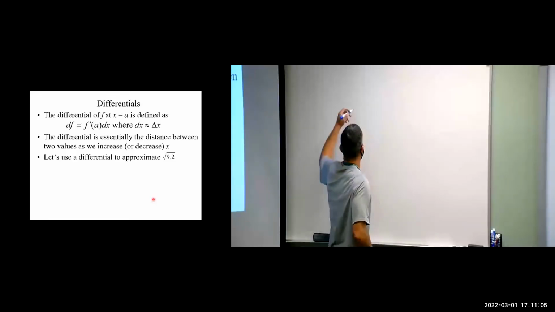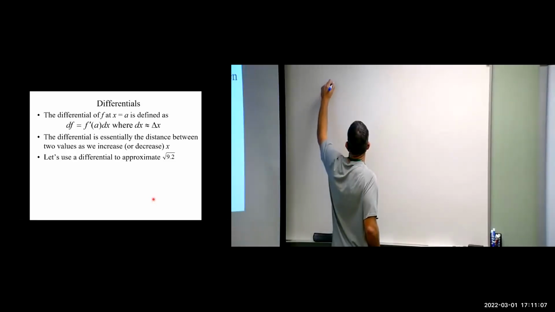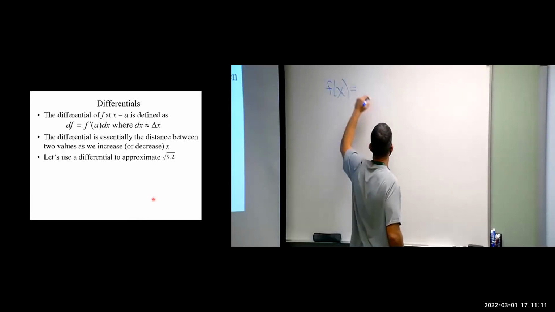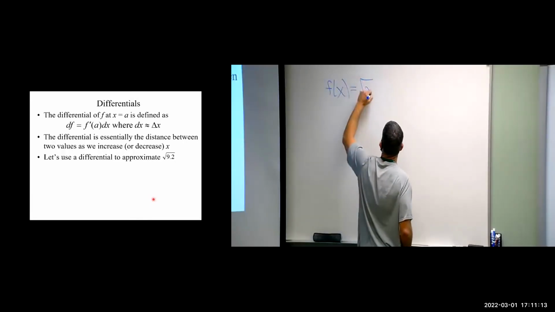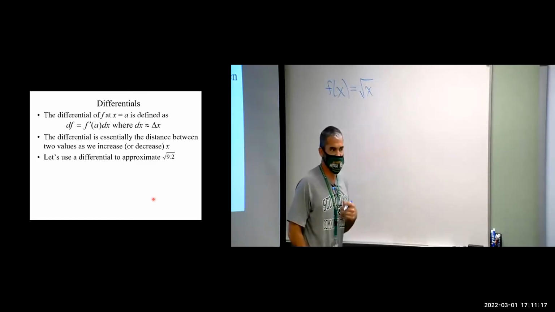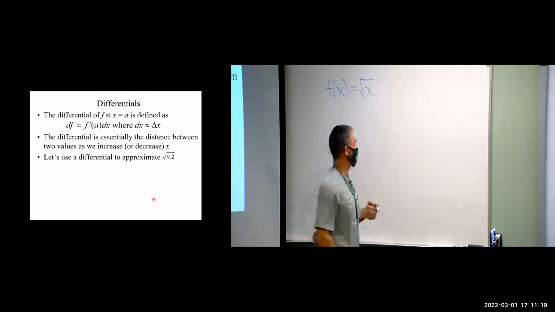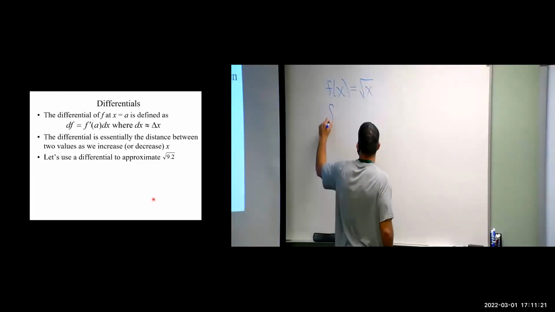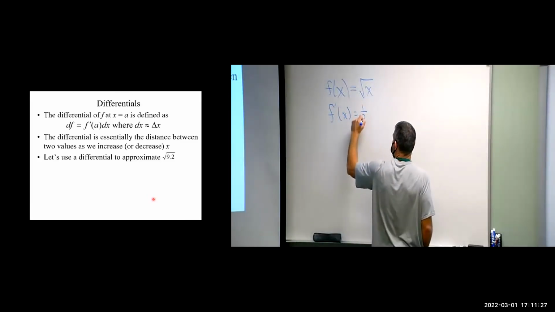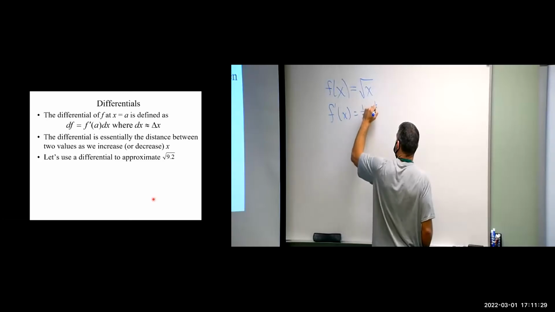All right, so in this case, we're looking at a function. We'll call it square root of x, because we're going to be putting in 9.2. This is how these things work. We locate the derivative first. So this is 1/2 x to the minus 1/2.